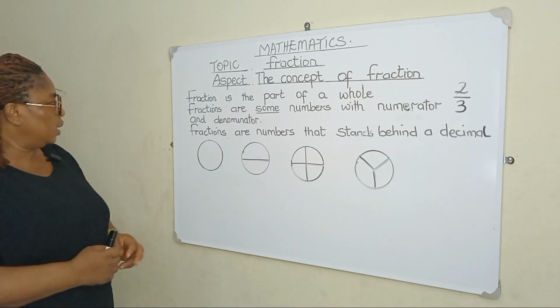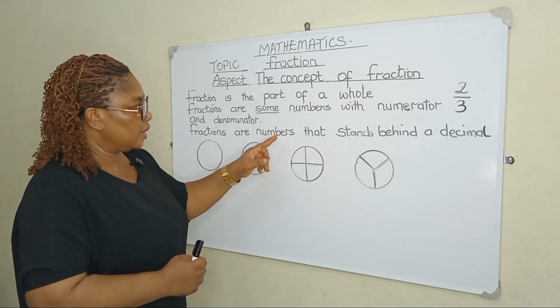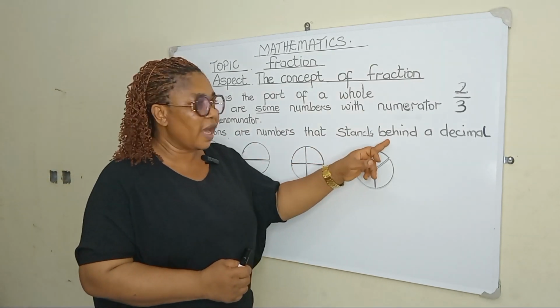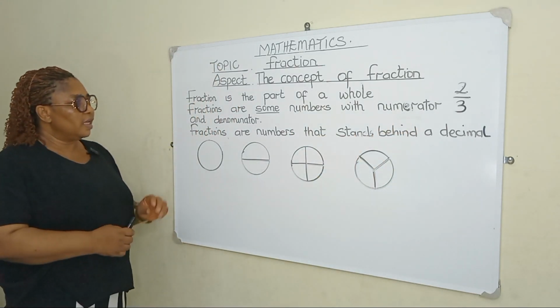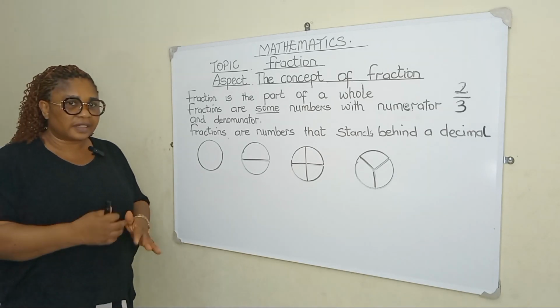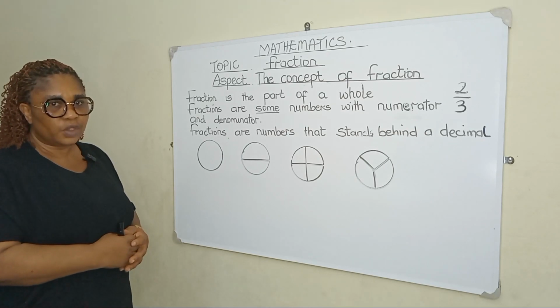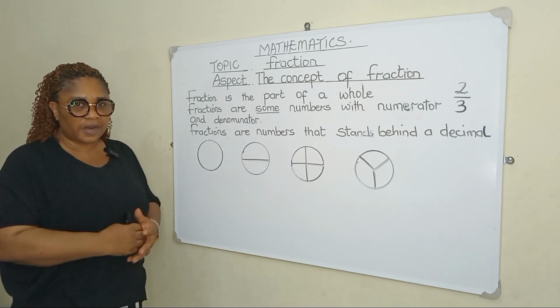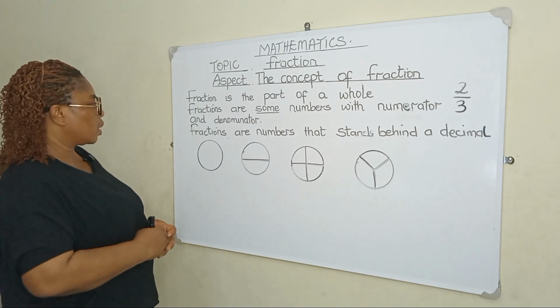The third one is fractions are numbers that stand behind a decimal. These three definitions, we are going to illustrate and systematically get to the target of our study today: what is fraction and what is not fraction?